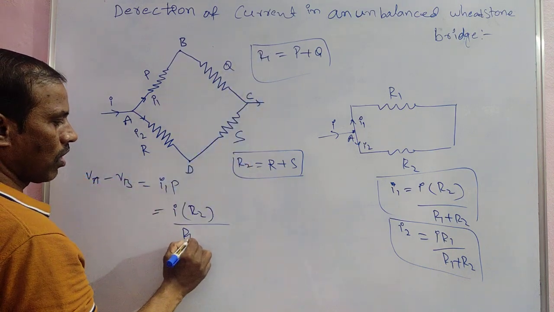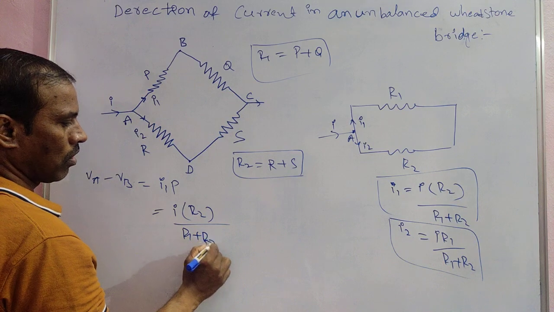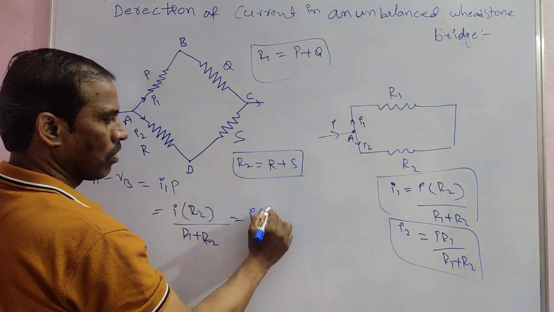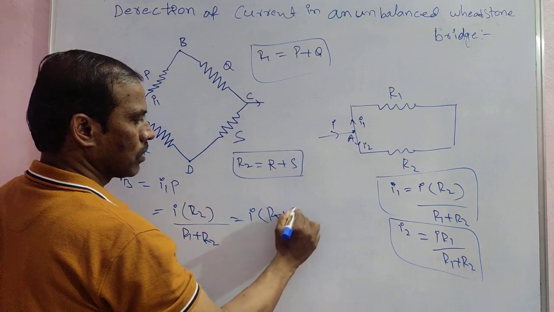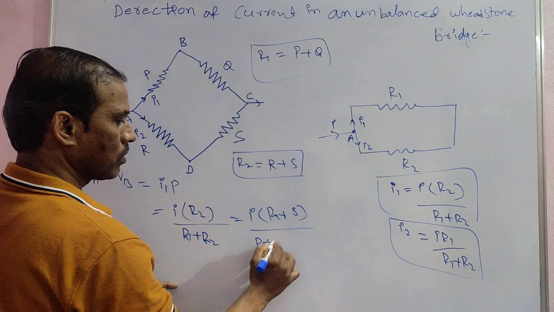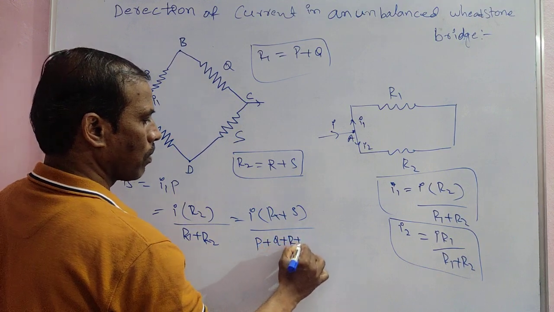R2 is R plus S, and the total is P plus Q plus R plus S.